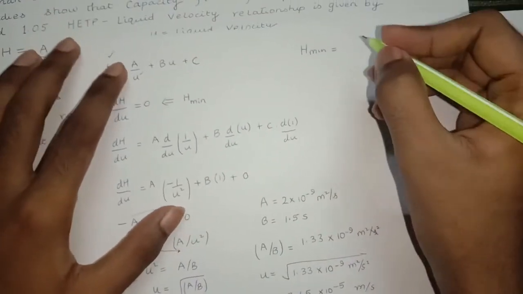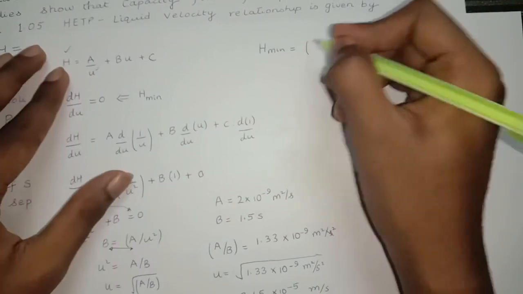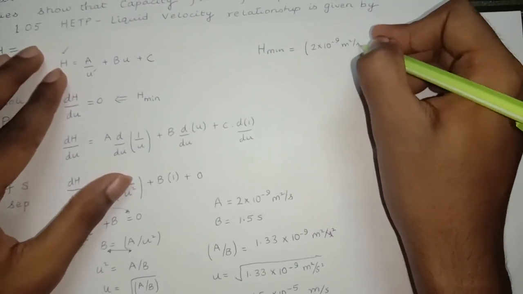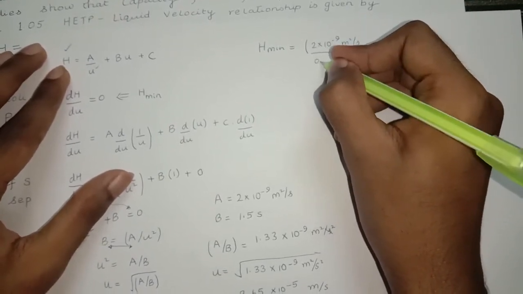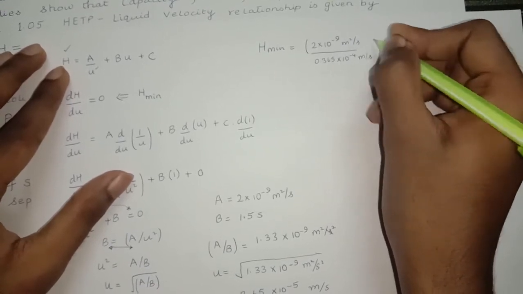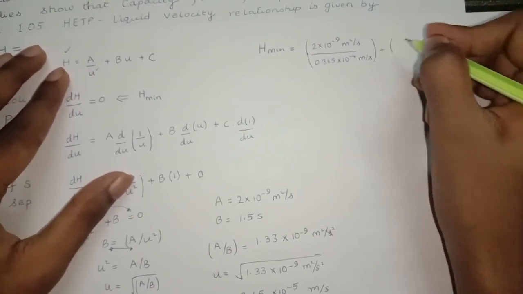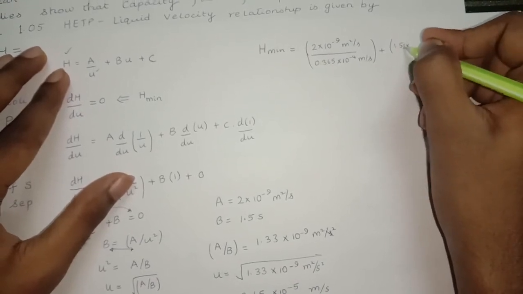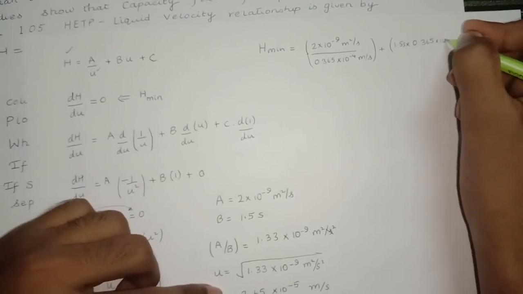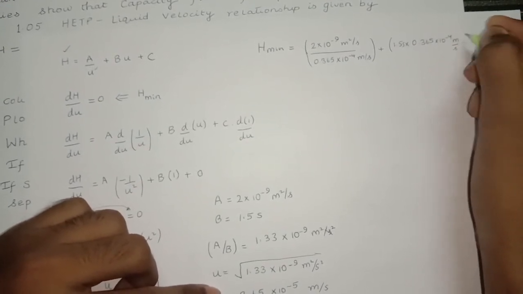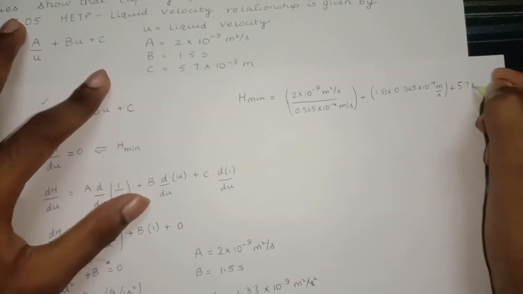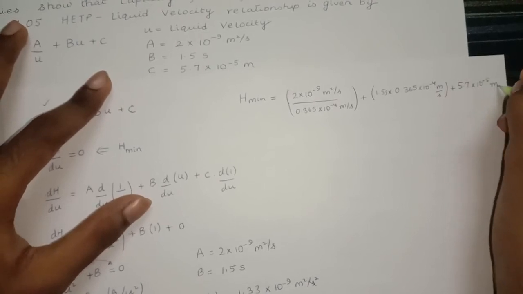So A, which is 2 into 10 raised to the power negative 9 meter square over second, divided by 0.365 into 10 raised to the power negative 4 meter per second, plus 1.5 seconds into 0.365 into 10 raised to the power negative 4 meter per second, plus the value of C, 5.7 into 10 raised to the power negative 5 meter.